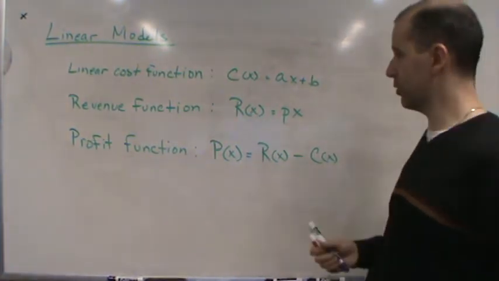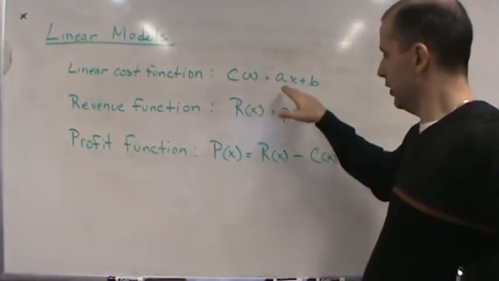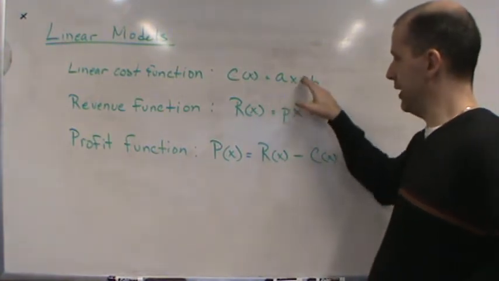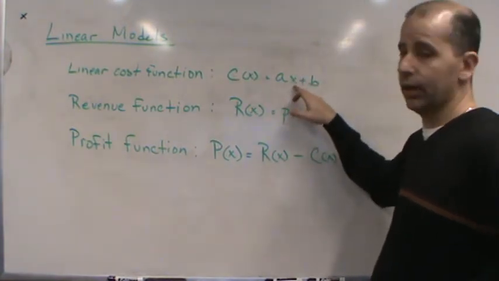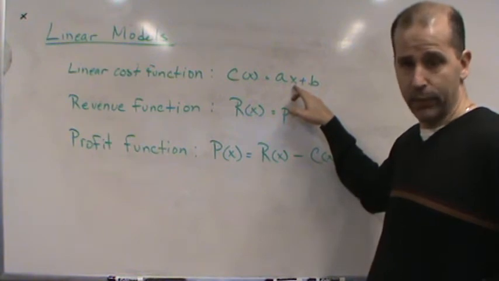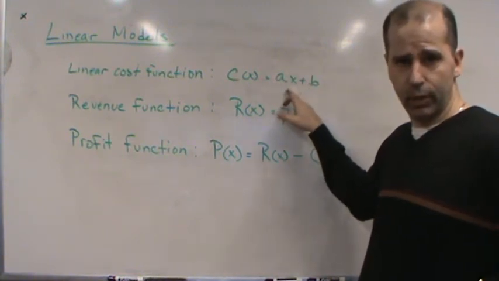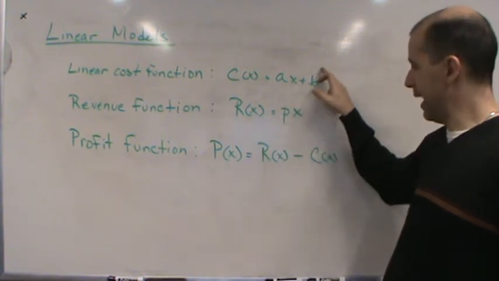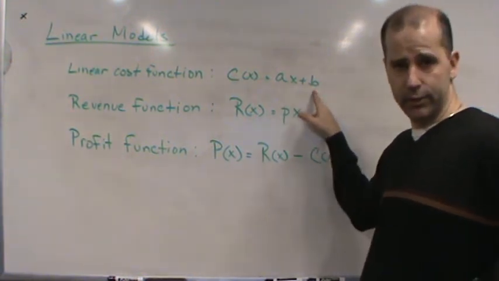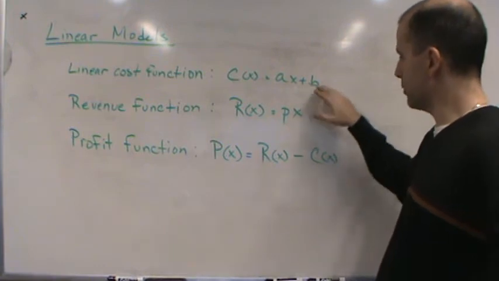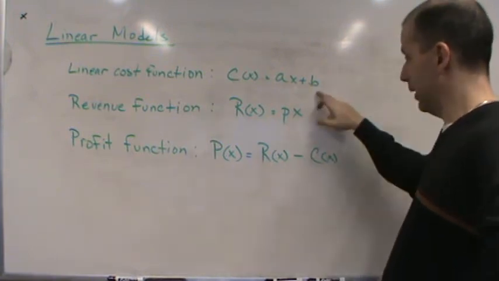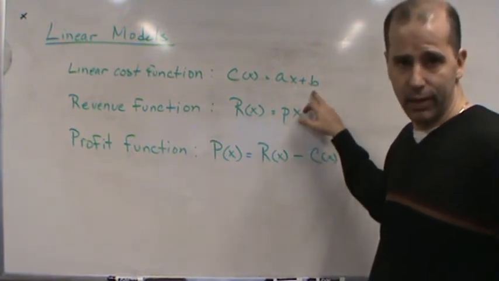Okay, so if we look at the linear cost function, notice that there are two pieces here. This is a cost per widget, per item. This is what we call marginal cost. And this is a constant, what we call the fixed cost. So this might represent something like electricity, right?